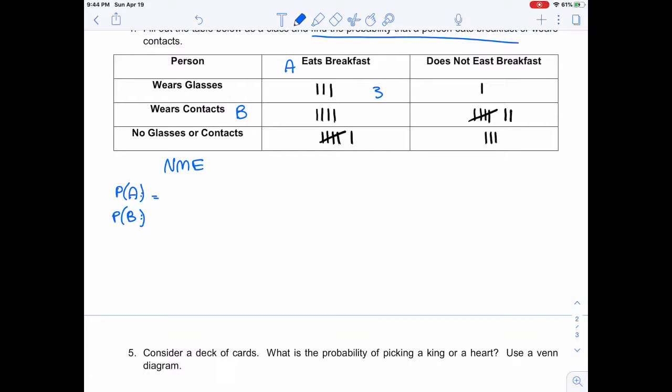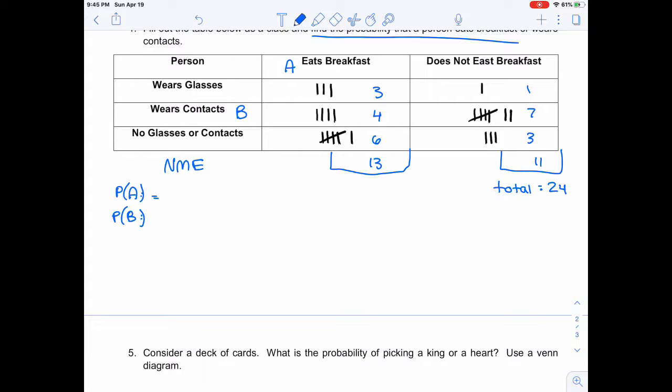So I'm going to go ahead and total up all of my tally marks here. Here we go. So for eating breakfast, my total is 13. My total for not eating breakfast is 11. And my absolute total would be 24, okay? Now, technically, I could add up my totals on the right side here.